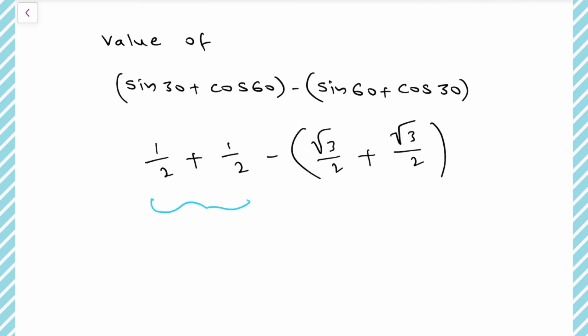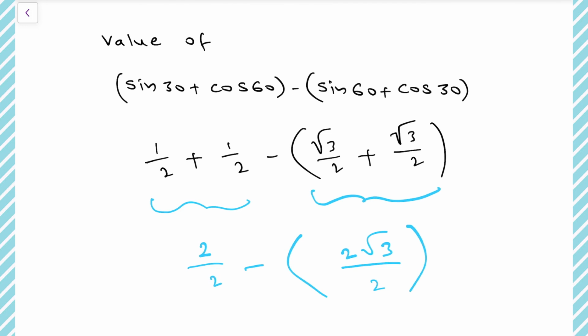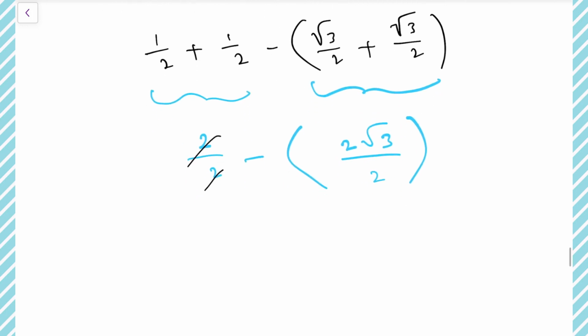Here both the denominators are same, so easily we can add the numerators. 1 plus 1 is 2 by 2 minus, here also both the denominators are same, so we can add the numerators. 2 as it is, root 3 plus root 3, 2 times root 3. Here 2 will get cancelled, 2 will get cancelled, then we are left with 1 minus root 3.